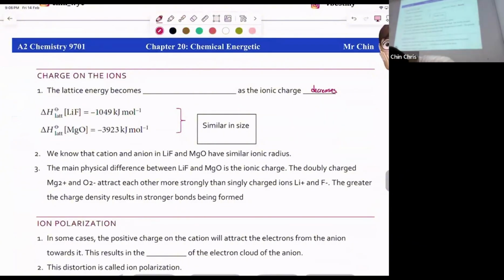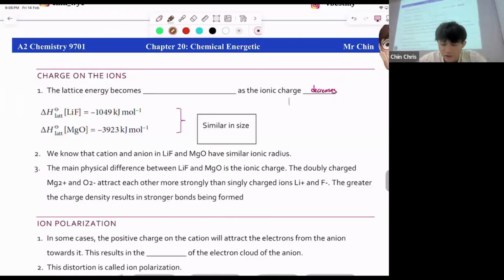You cannot just say decrease or increase. Why more negative? Okay, to answer your question, if the ionic charge decreases, it means from 2 plus turning into 1 plus.